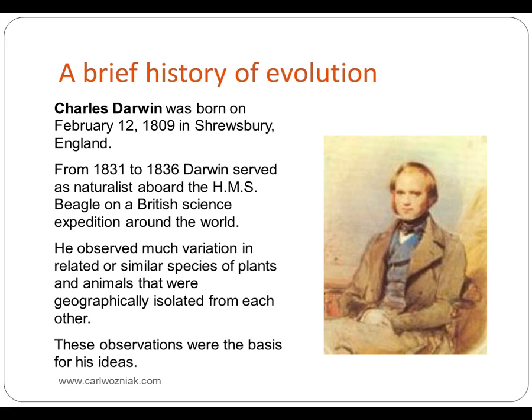So just a brief history about him. In the 1800s, he was born in England, and he was described as being a naturalist. He was able to go on an expedition on the ship called the Beagle, and it traveled the world. Through his studies, he was able to make some really neat observations about the diversity of different species throughout the world.